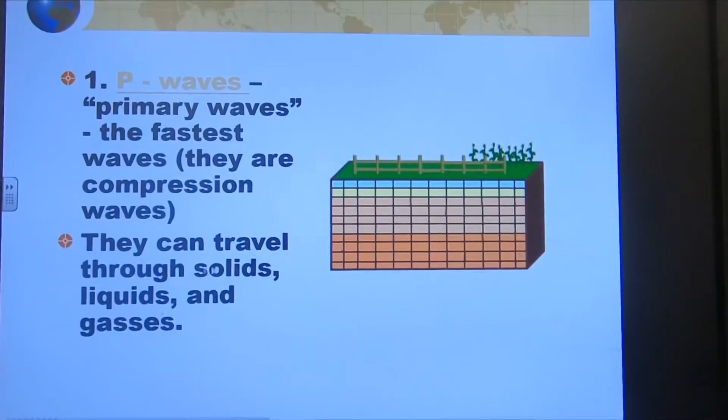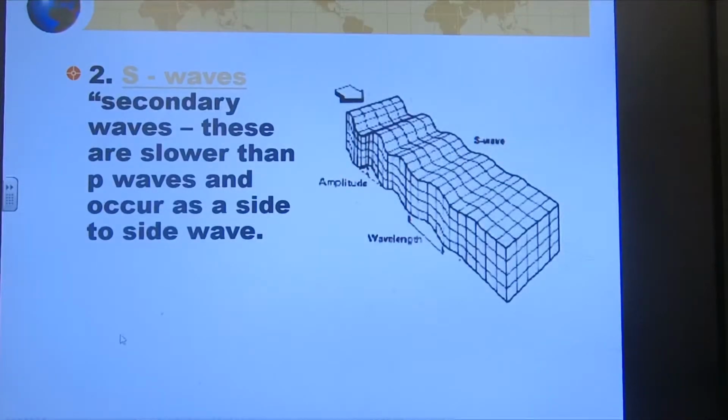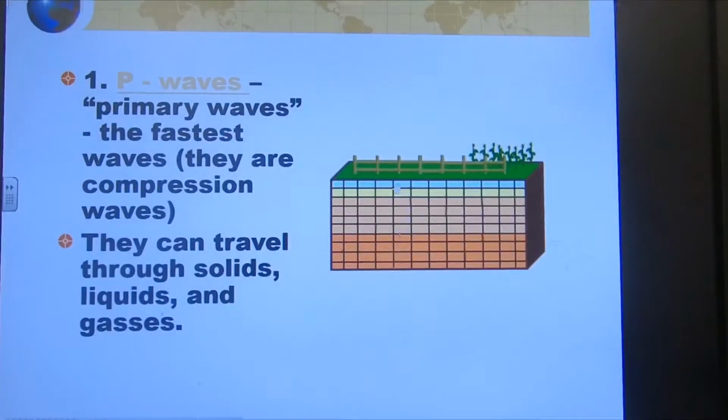They can travel through solids, liquids, and even gases. So if there was an earthquake right here in this little field here, the P waves would travel right through here, and if there was water, they'd even go through the water. They are the fastest and the smallest of waves. I'll go back if you missed anything there.